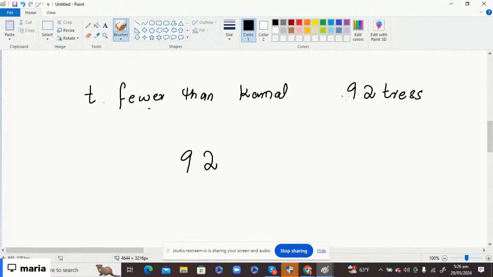T fewer than Cameron. These are the Cameron trees. So this is Riley and that is Cameron, and Riley is T fewer than Cameron. And Cameron has 92 trees. You understand? This is the meaning of fewer. If they use the word fewer, that means subtraction from that number.